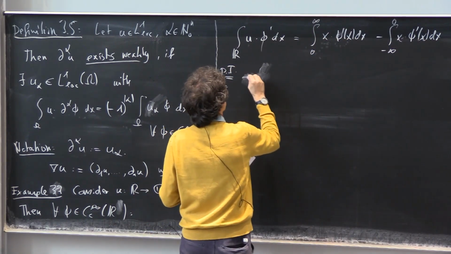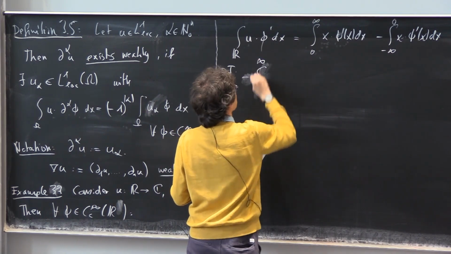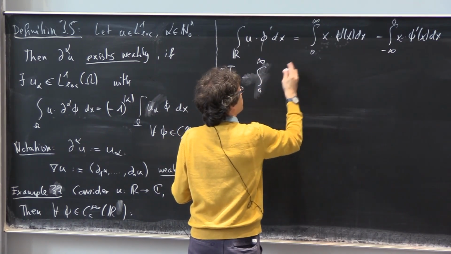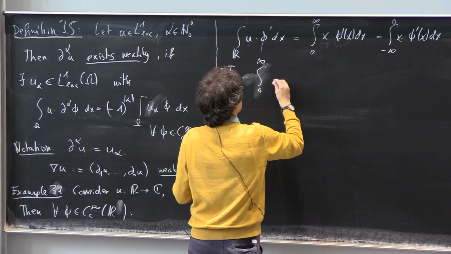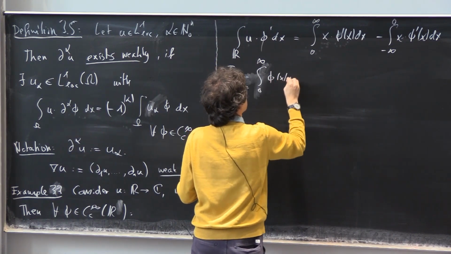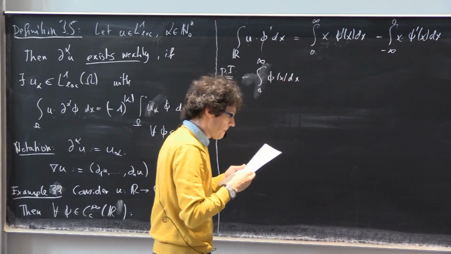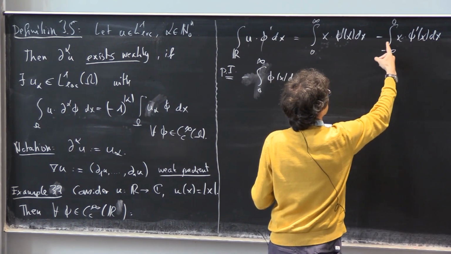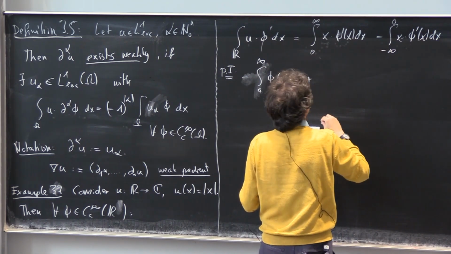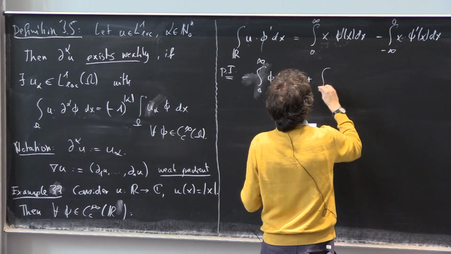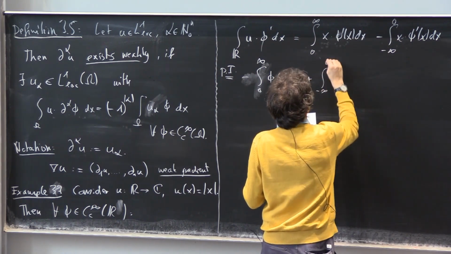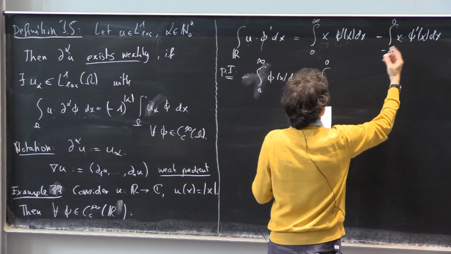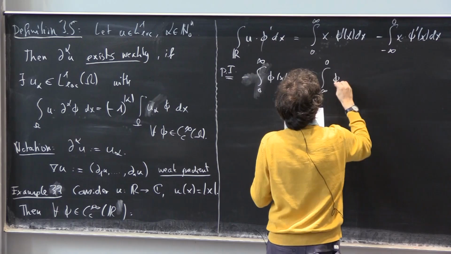So you do not have boundary values here. So you get minus the integral from 0 to infinity, the derivative of x is 1, phi of x dx. And here you get the minus sign from the partial integration, so you get plus the integral from minus infinity to 0, the derivative of x is again 1, and you have phi of x dx.